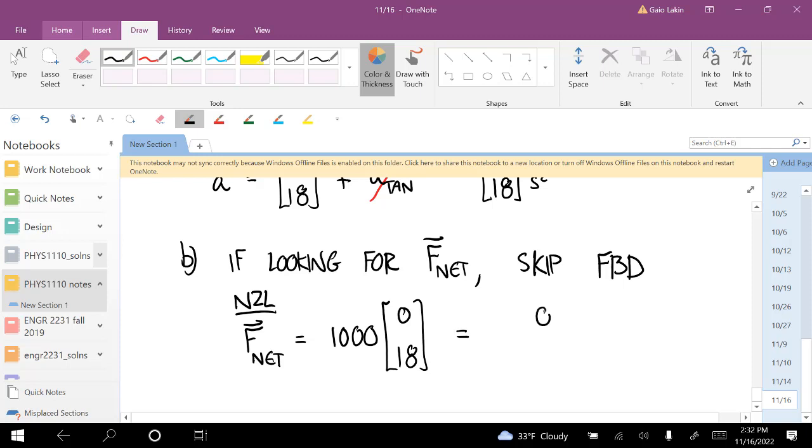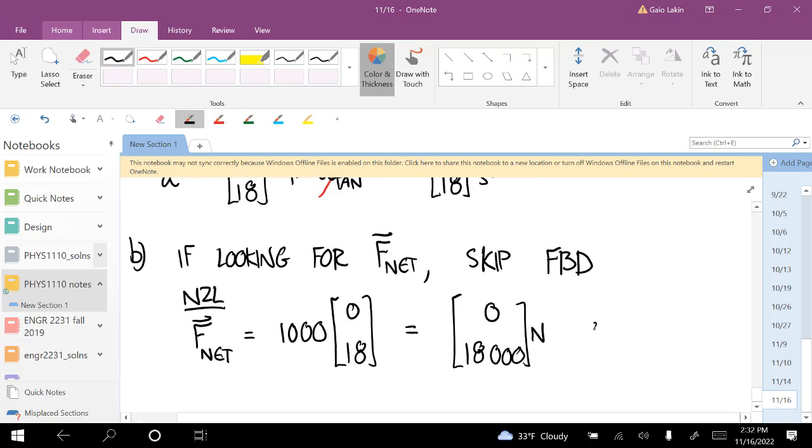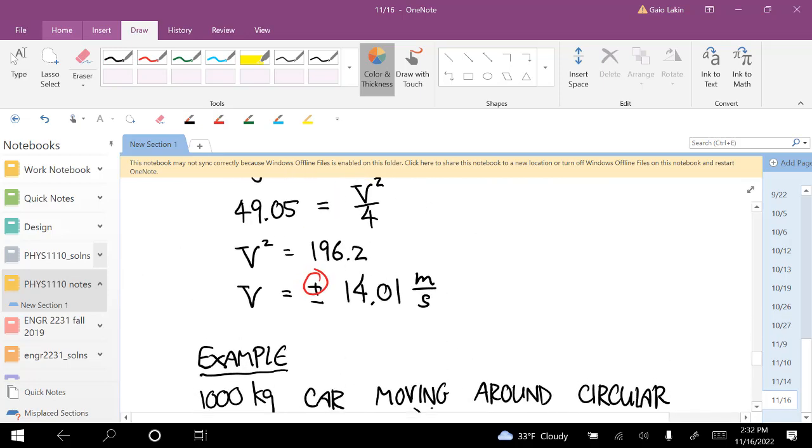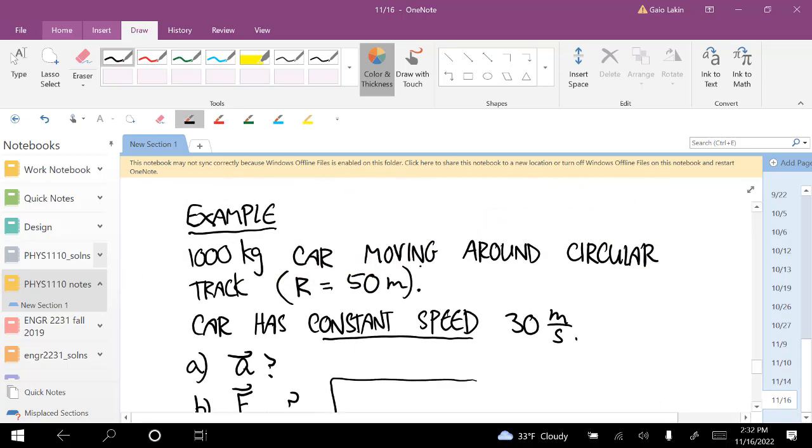And that gives you the vector 0, 18,000 newtons. Or another way you could think of that is the force vector is 18,000 newtons pointing in the positive y direction. You just chose it as 1,000. No, that was given in the problem. 1,000 kilogram car.